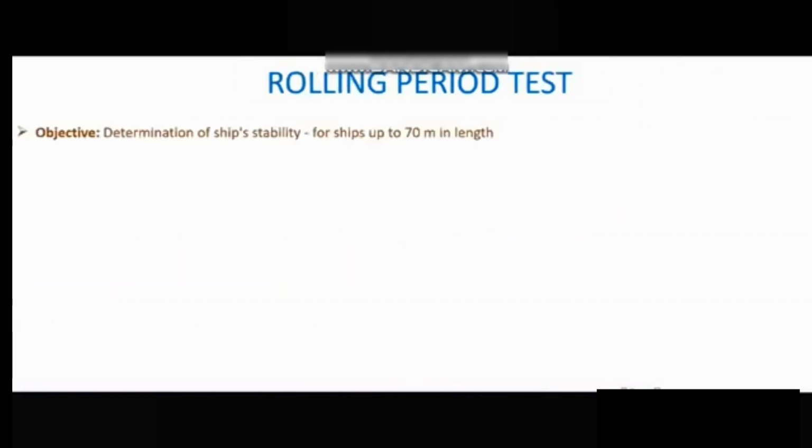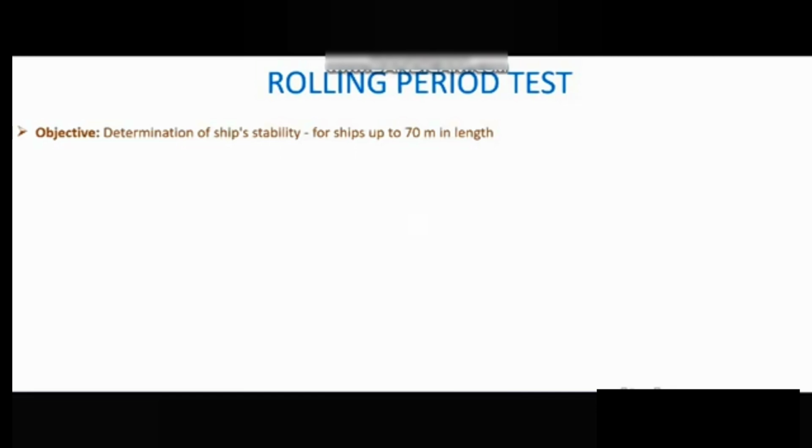However, the guidance of the IMO in that earlier code of intact stability was that they said don't use it for more than 70 meters in length. Of course, even less than 70 meters, there were some conditions. It's not that every vessel fitted. But what was the reason? As vessels become bigger and bigger, their keel becomes flatter and flatter and bigger.